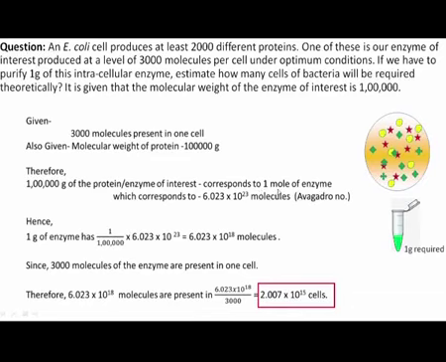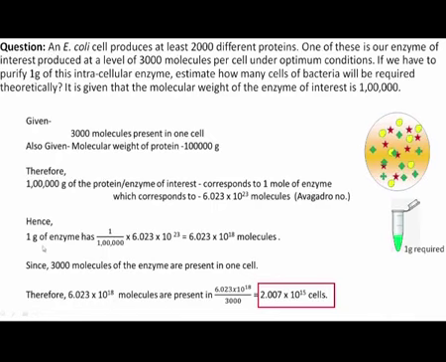We know gram molecular weight is equal to 1 mole, and 1 mole is 6.023 into 10 to the power 23 molecules, that is the Avogadro number. So, 1 lakh gram of protein would contain 6.023 into 10 to the power 23 molecules.